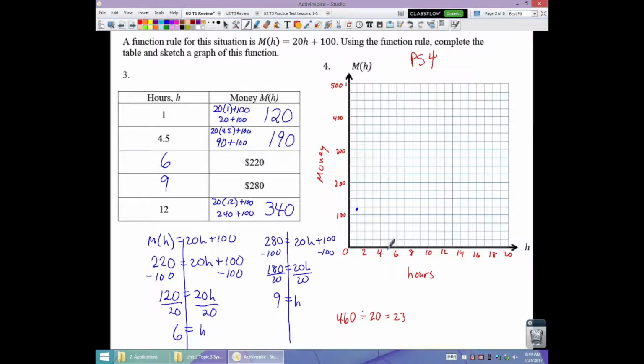Then we would have 4.5, 190, 6, 220, 9, 280, 12, 340. That would be 340 would be closer to here.